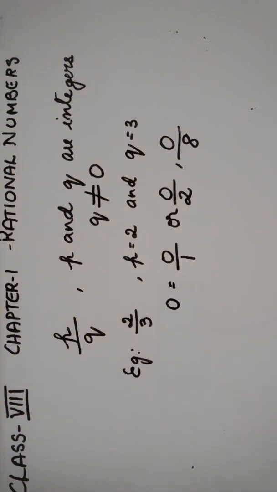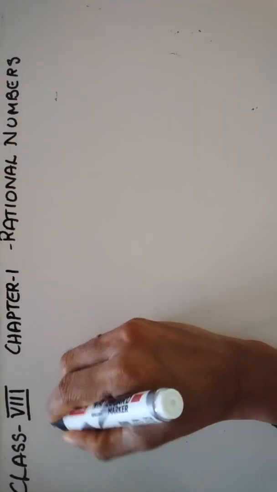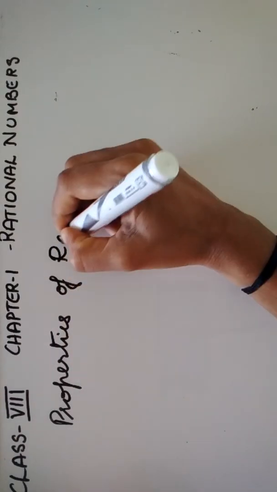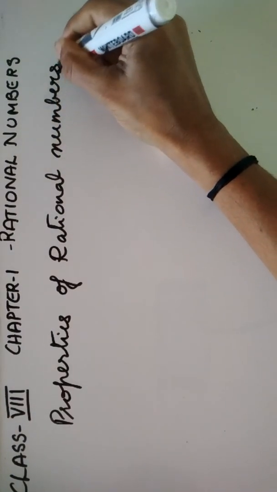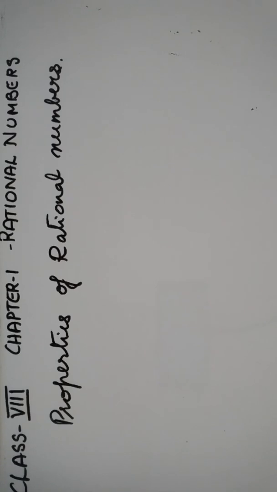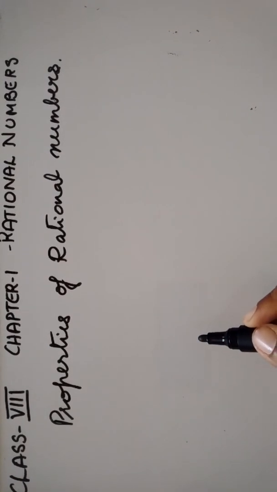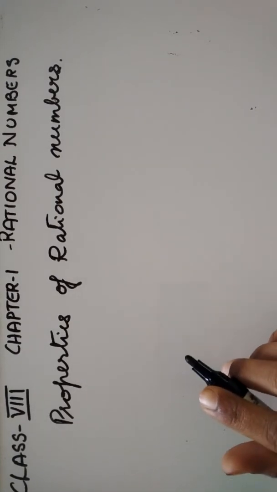Now next, let us learn the properties of rational numbers. Now let us check the first property, whether it is applicable for rational numbers.